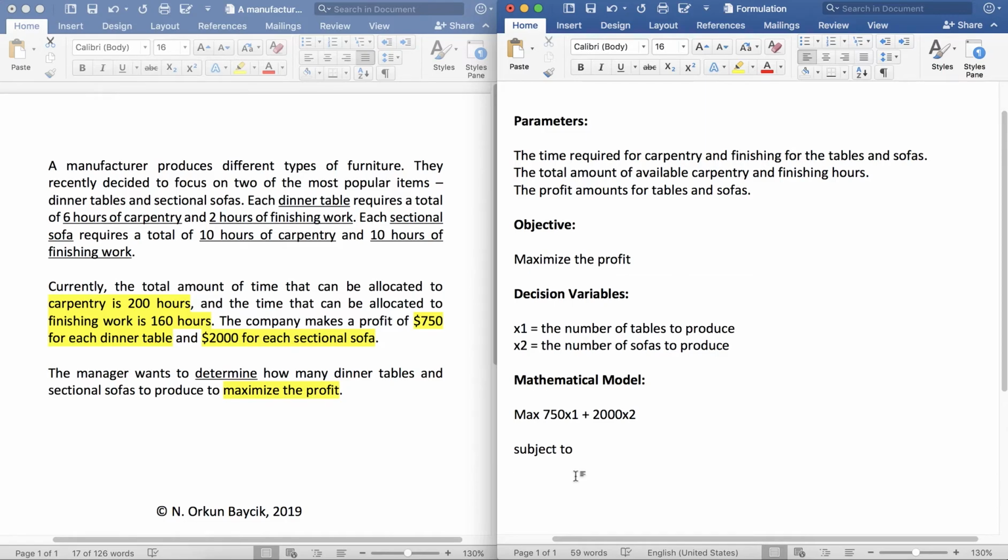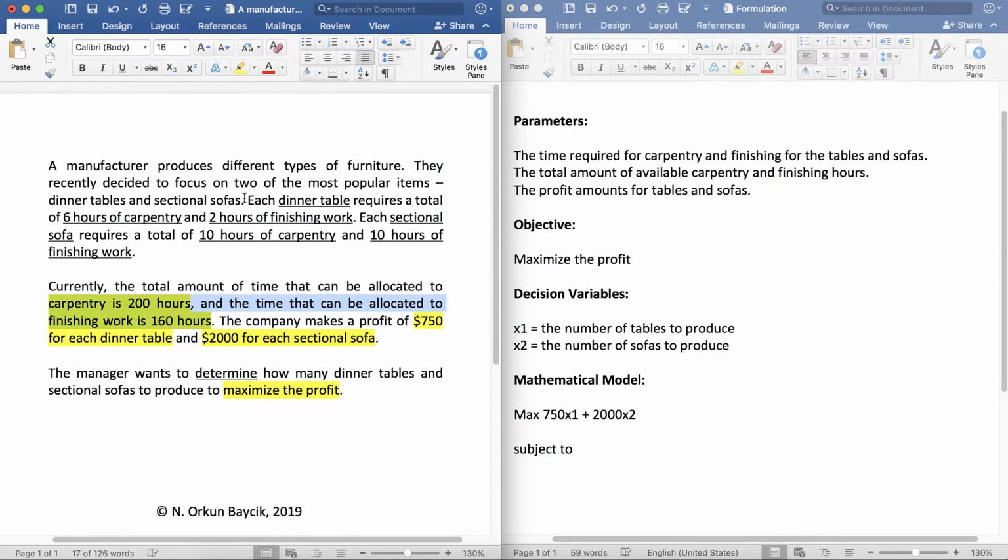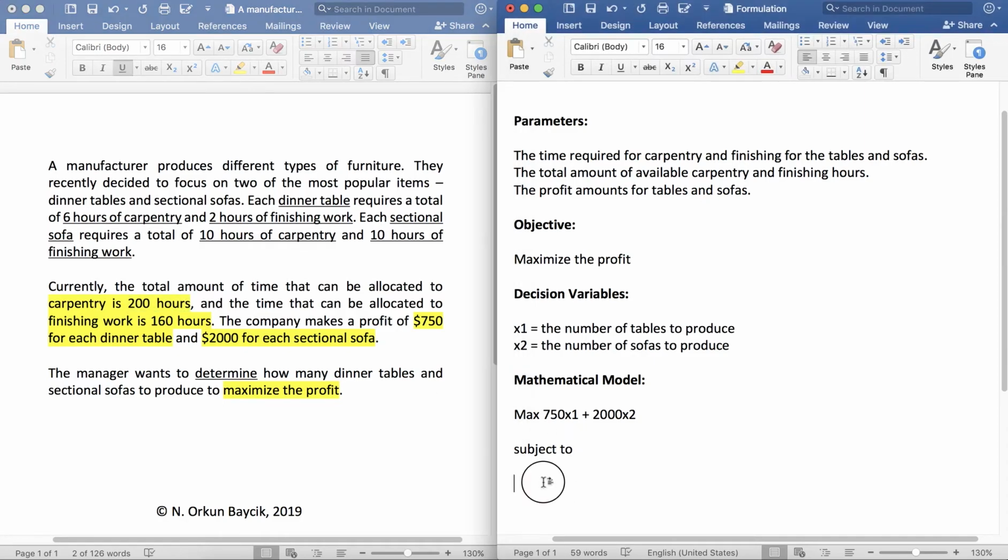produce. For example, each dinner table requires 6 hours of carpentry, okay? And I have 200 hours available. Let's ask ourselves, can I produce 100 dinner tables, for example? So let's write it down and I'll remove it in just a little bit.